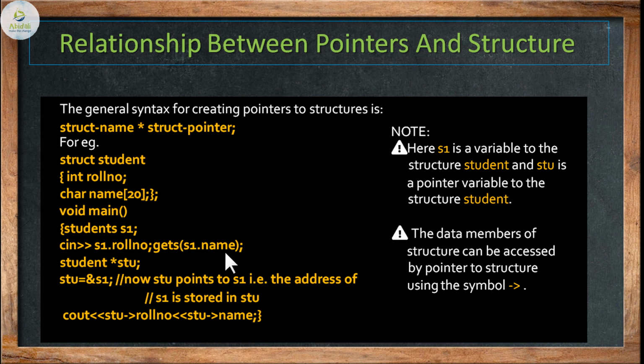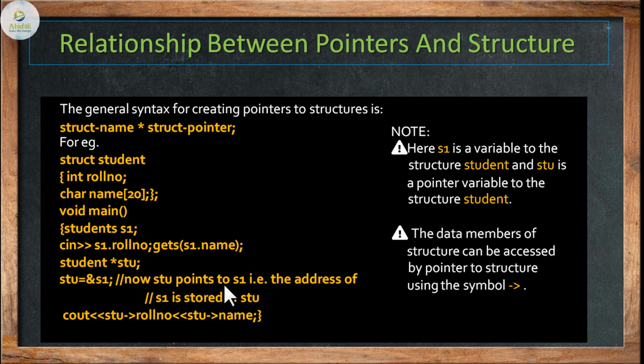So S1 dot roll number, cin will be taking, or for the name we will be taking getline or gets S1 dot name. So in the next statement we are creating a pointer to the structure, that is STU. STU is the pointer to the structure called student. Now STU will store the address of S1, that is the structure member. So the access of S1 can be available into the STU.